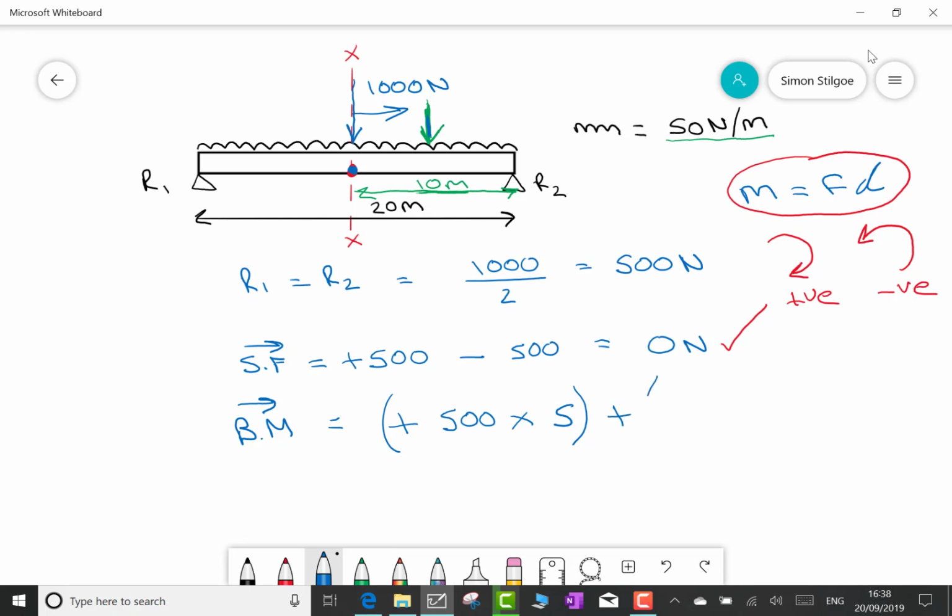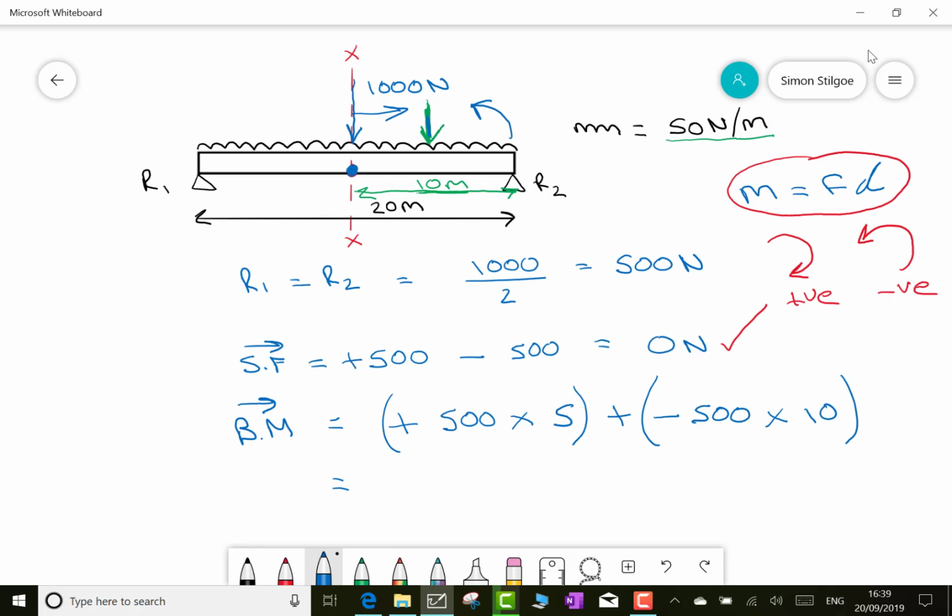I'm now going to add this to my next bending moment. Moving to the right, we now get out to R2. And R2, in relation to my section XX, now acting as the pivot, would be turning my beam going that way, which would be anti-clockwise. And anti-clockwise bending moments get given a negative sign. So this one's going to be negative 500, which is our reaction force at R2, and now multiply that by the distance from R2 back to section XX, which is 10 meters.